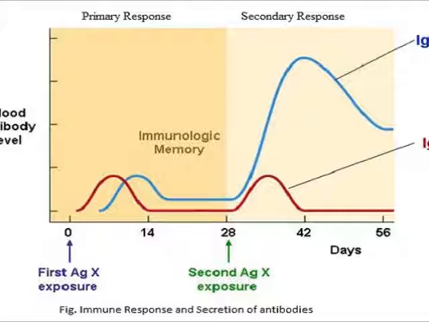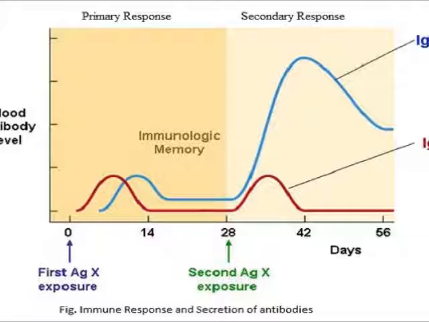However, during the secondary immune response, which occurs the next time and the next time and the next time the system is exposed to that same antigen from before, this is when the memory that was formed during that primary response is recalled, and the immune system can now make antibodies immediately instead of waiting to communicate that information.